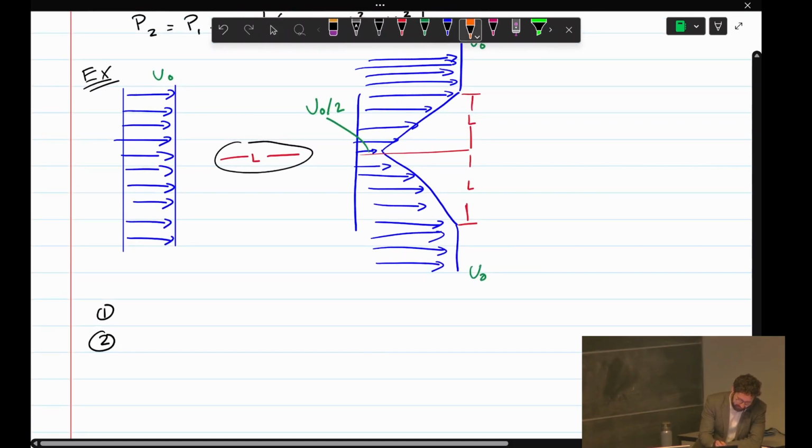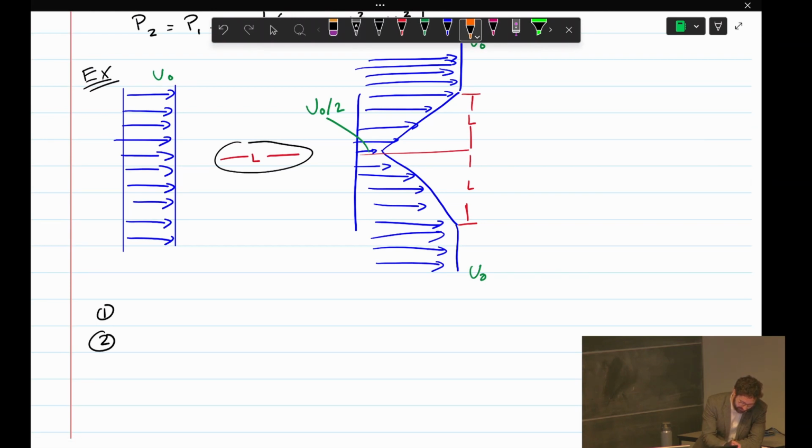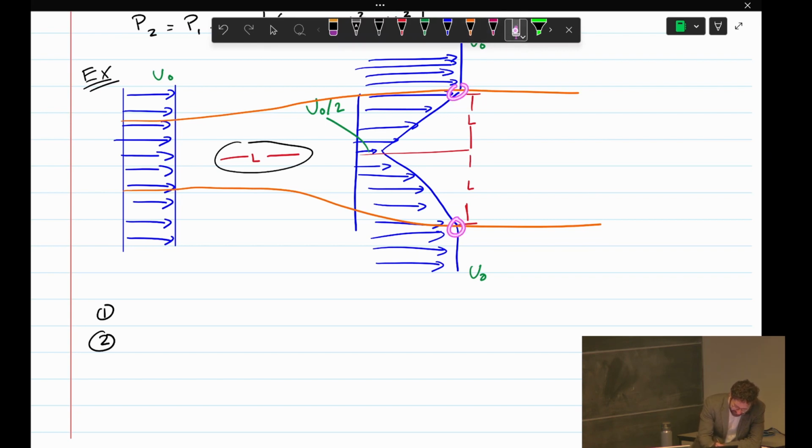The solution procedure for this is, we assume there's a streamline that passes through here and this streamline ends up crossing exactly the point where we go back to u0. Same thing here. You start a streamline out in the free stream in front of this object, and there's a certain streamline that passes through this point.